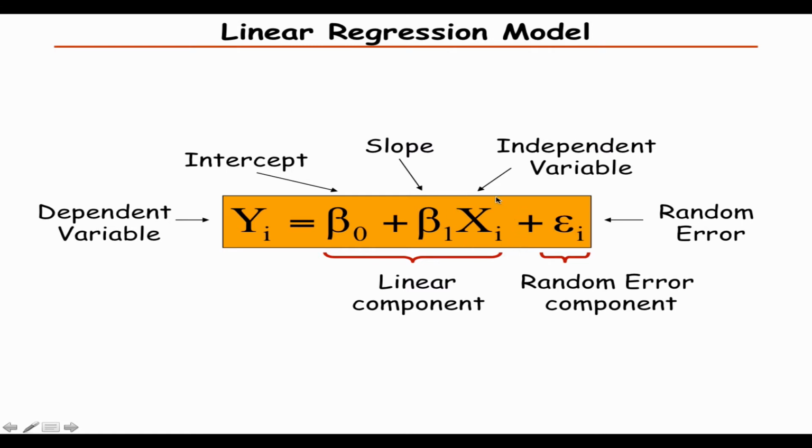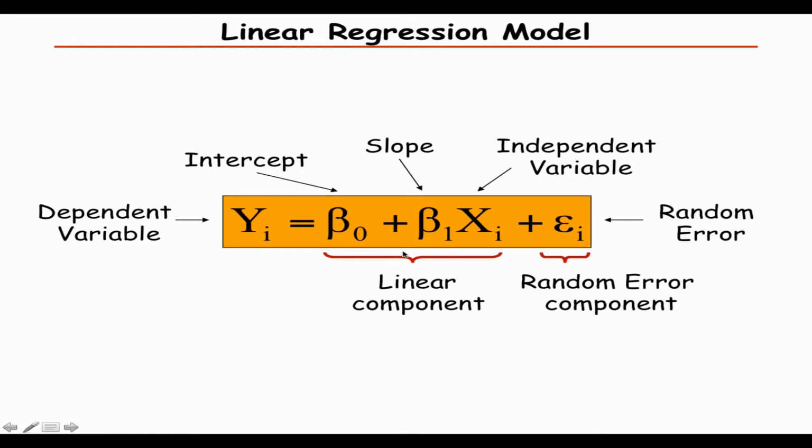Those are the measurements of one variable. And then associated with each xi is a dependent variable, the yi. So in this case, for each xi, we have one yi.